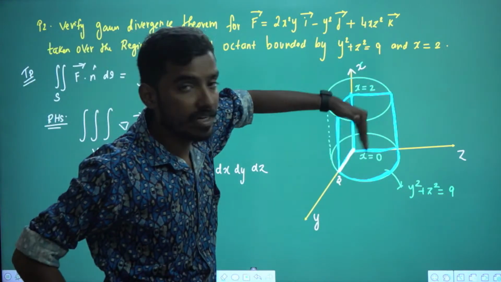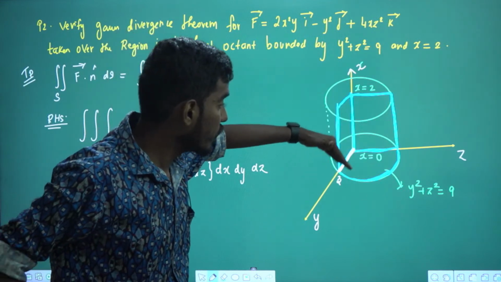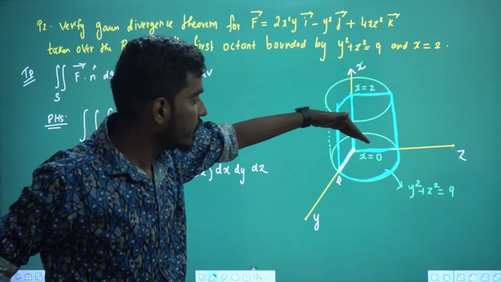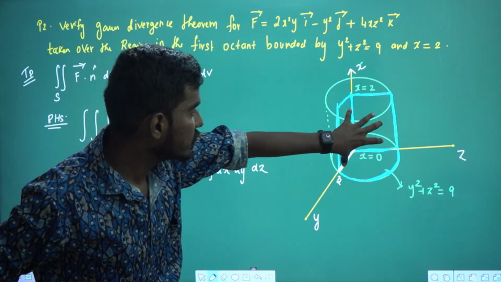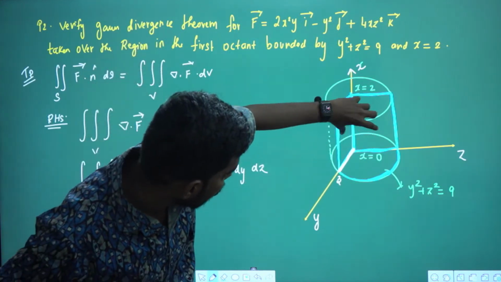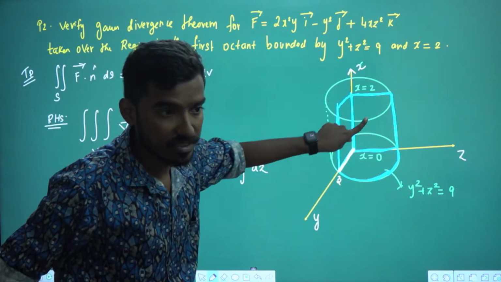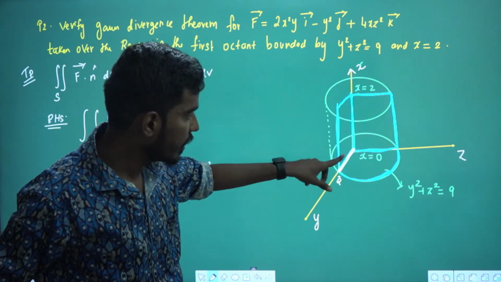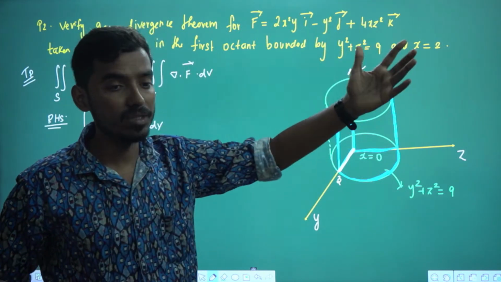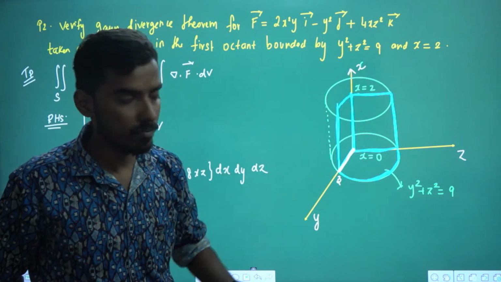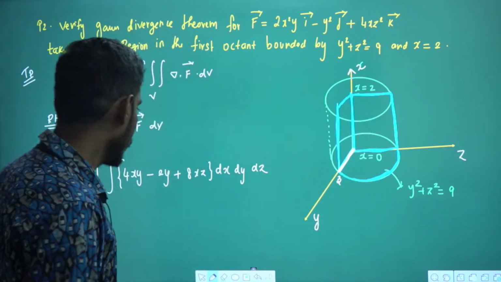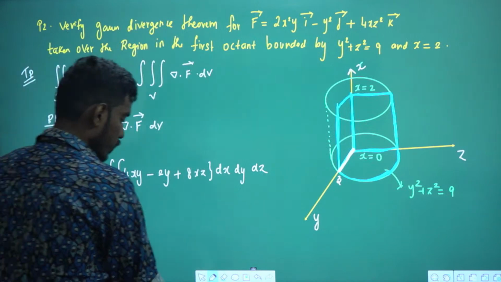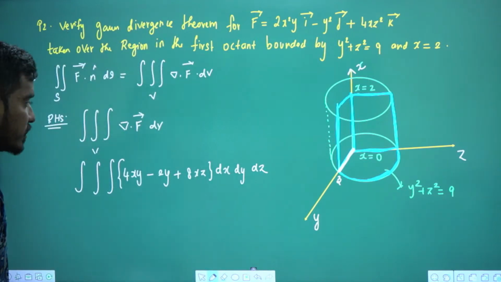You should not vary y from minus 3 to 3; you should vary only from 0 to 3 because it is only the first octant. In the first octant, y will not come that side, only this side will come. Okay, now we need to find the limits for dx dy dz.